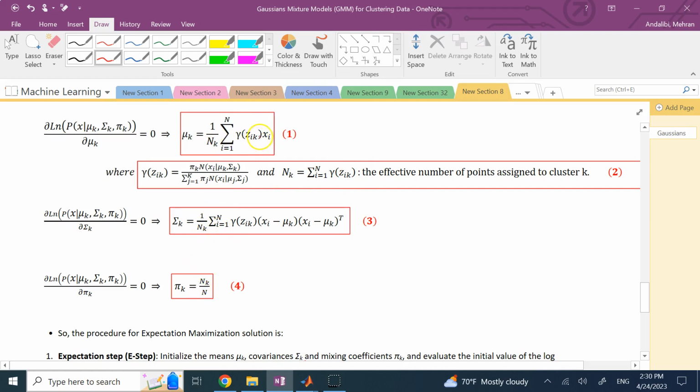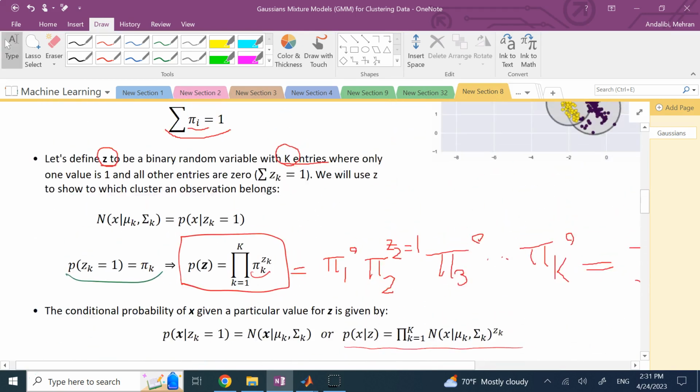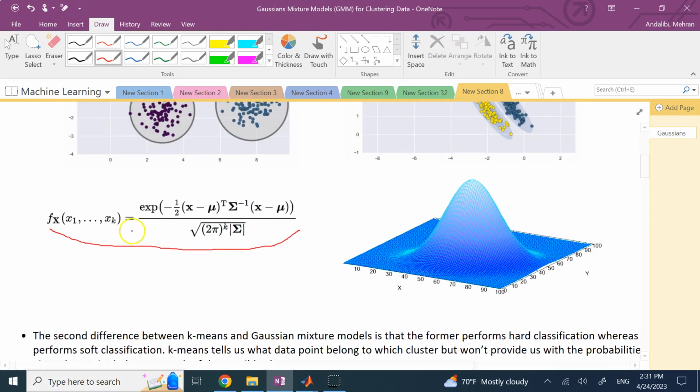So before I can go to 1, first I need to go to 2, then go to 1, really. And can I calculate this gamma z_ik with everything I have right now? Yes, because I have my mu's, my sigmas, my pi's, I have my x's, and I know how to create a normal distribution function, which I have all the way up here, right? This is your normal function here, this guy, right?